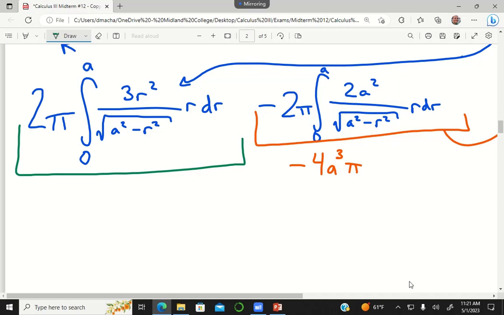So then du would be equal to negative 2r dr. I could get rid of the r dr, and then this would be a u. What would I be left with up top? I guess I'd be left with a squared minus u, if I did that.